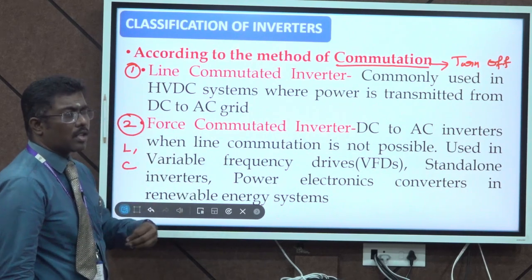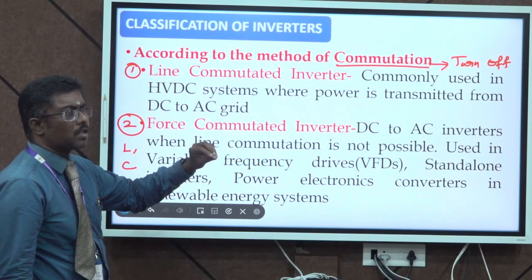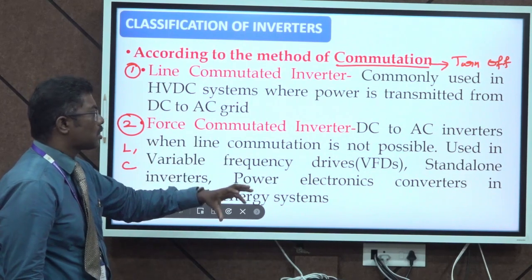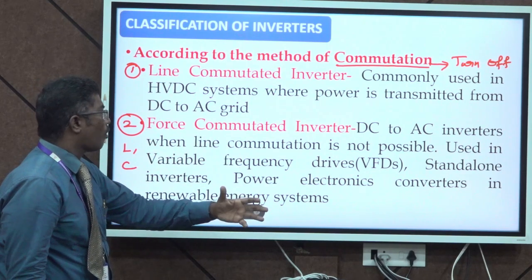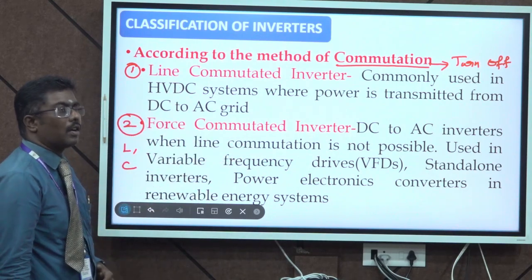In our circuit, if we are employing line commutation, meaning that due to the presence of the supply voltage itself the switches are turned off, that type of inverter is said to be a line commutated inverter.